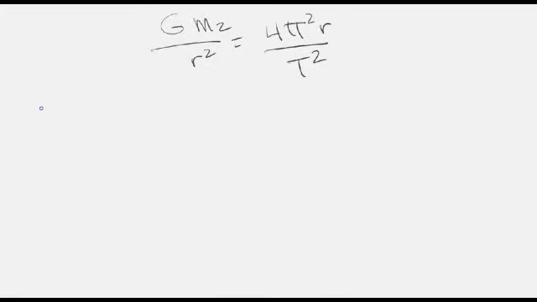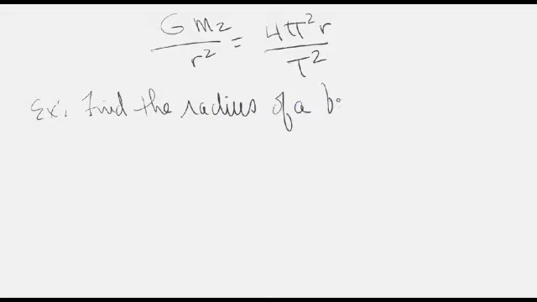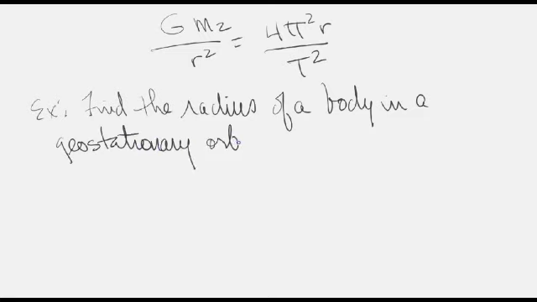I'm going to do an example here, and what we're going to do is find the radius of a body in a geostationary orbit. What that means, if here's the Earth and here's a satellite orbiting it, that satellite always stays over the same spot on the Earth.